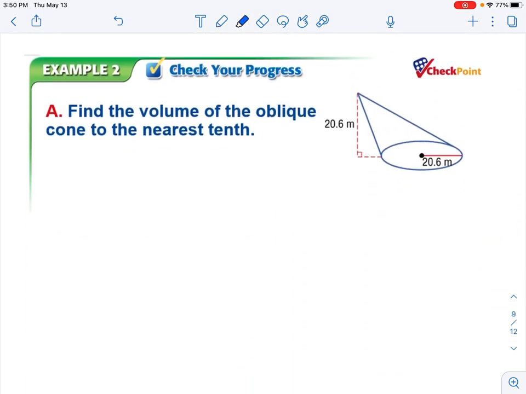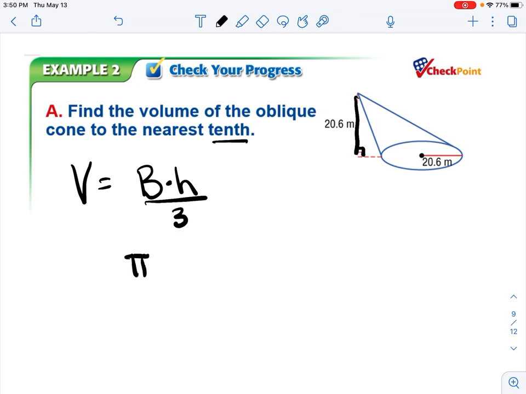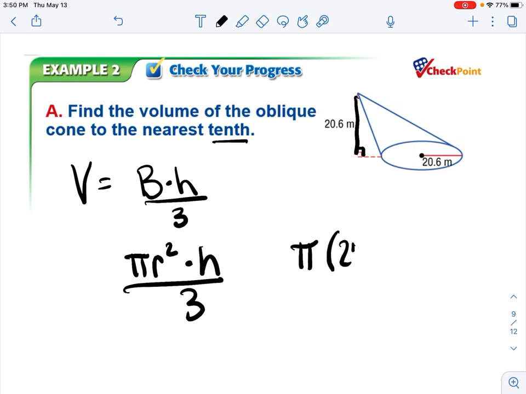All right, and now we're going to find the volume of the oblique cone to the nearest tenth. It does not really matter that it's oblique because we have the perpendicular height. So volume is equal to base times height divided by 3. Our circular base is pi r squared times height divided by 3. Notice that your radius and your height happen to be the same thing here.